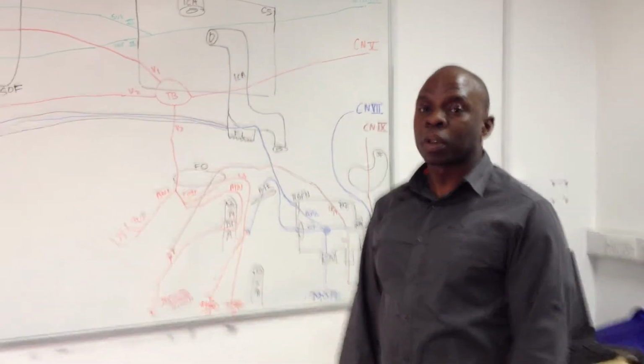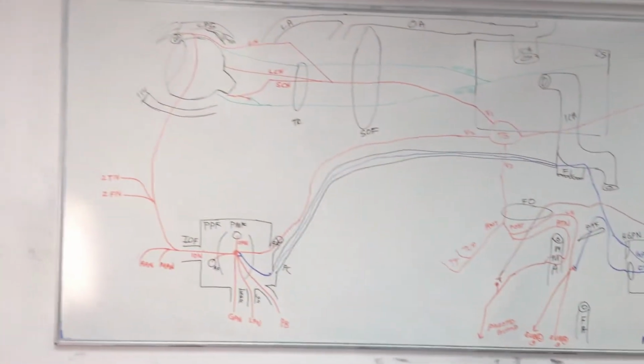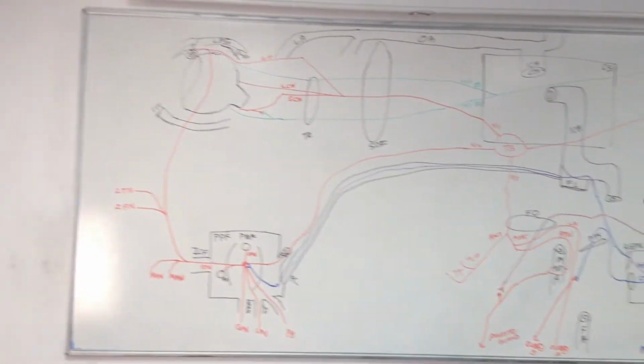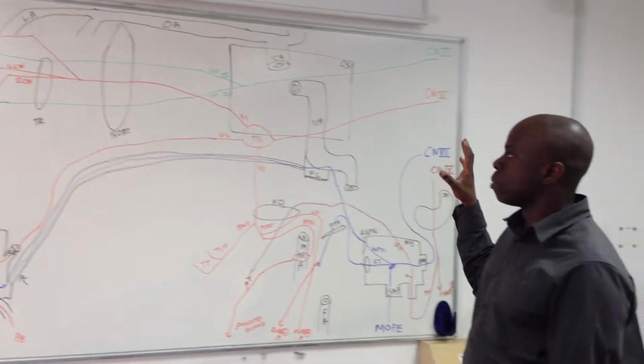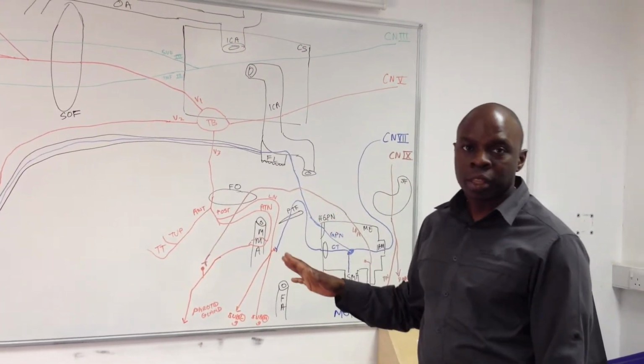Okay, so welcome back. We've talked about the route map now, where we've outlined the map for the cranial nerves, the anatomic distribution for 3, 5, 7 and 9.